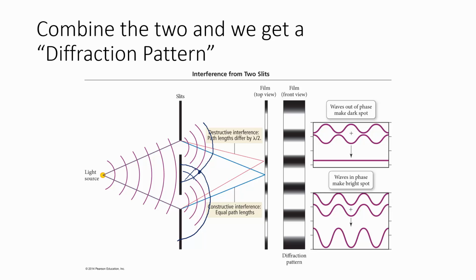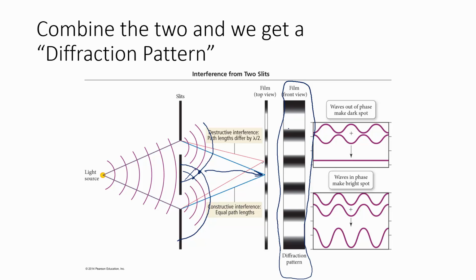And as they intersect, they'll start to amplify and make bright spots on a wall farther away. This is where we're looking at light here. And on places where they intersect in a destructive way, out of phase, you'll get dark spots where the light doesn't hit. So effectively what you get is referred to as this diffraction pattern.